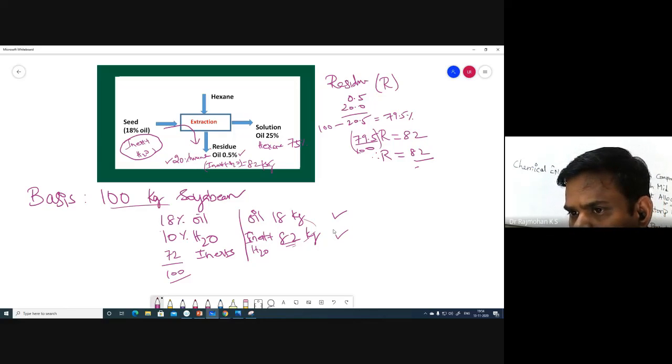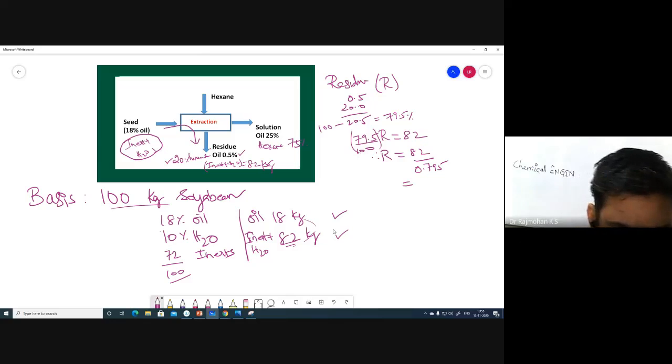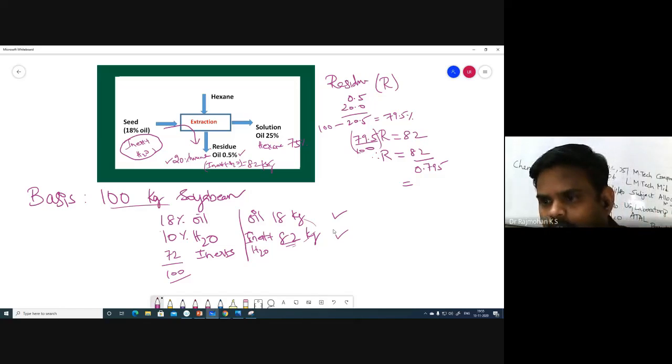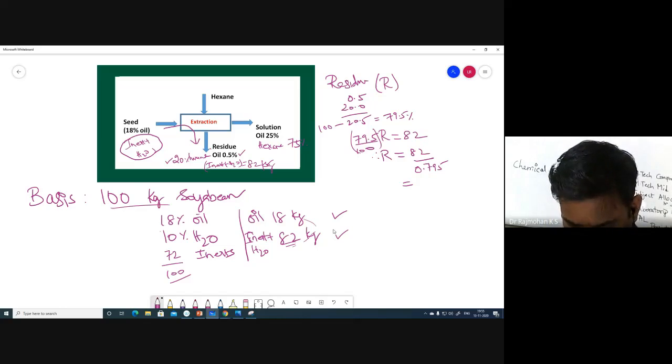So this is 82. Therefore, R is equal to 82 divided by 0.795. What is the value? 82 divided by 0.795 is 103.14.